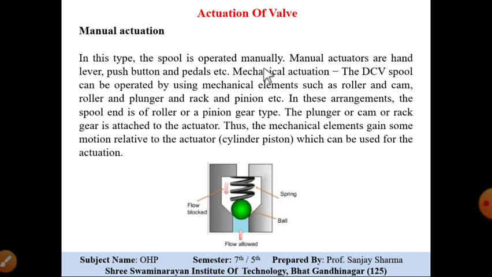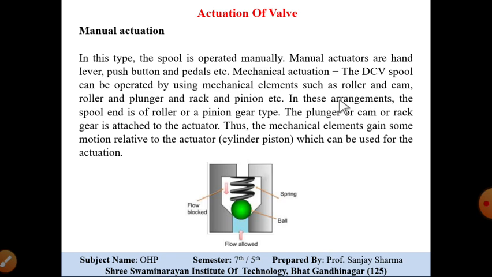The opening and closing of the valve is operated manually with the help of a human being, with a lever, or some cam, or rack and pinion mechanism. So the direction control valves which are operated manually with the help of manual actuation, all these types of valves come under manual actuation.